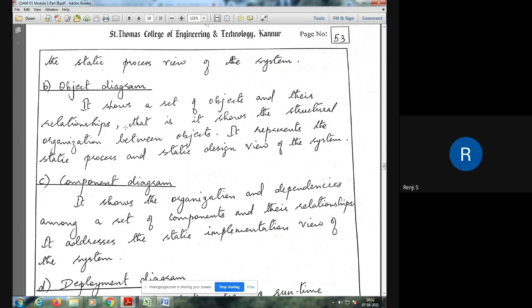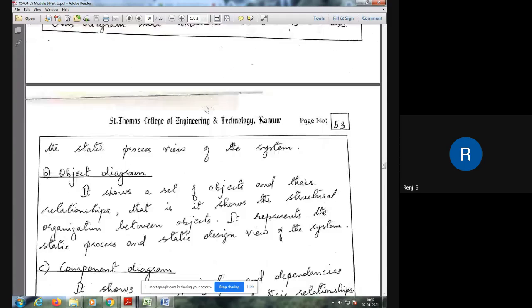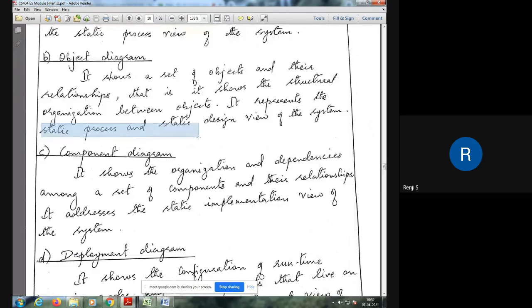And similarly, if object 2 wants to communicate with another object 3, then again they are related to each other. So this relationship shows a structural organization of how the objects relate to each other. And this will address the static process view and static design. Just like class diagram, object diagram also addresses the static process view and static design view of the system.